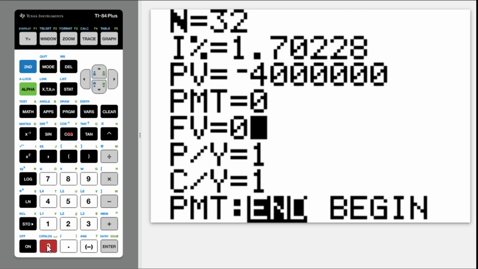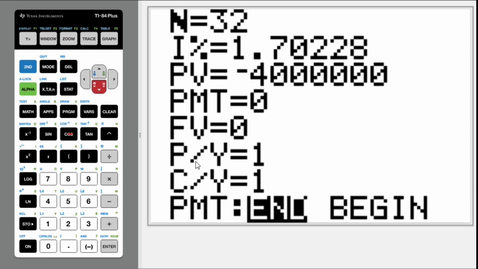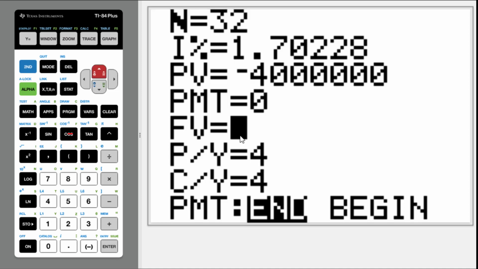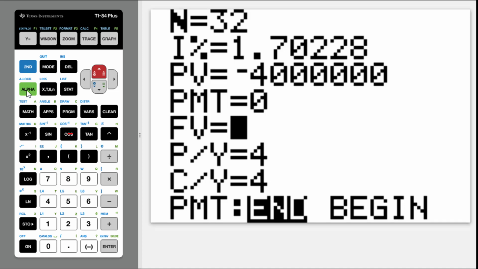FV will be 0. Payments per year is 4. Compounding periods per year is 4. Then put the cursor to FV. Then we do alpha, enter.